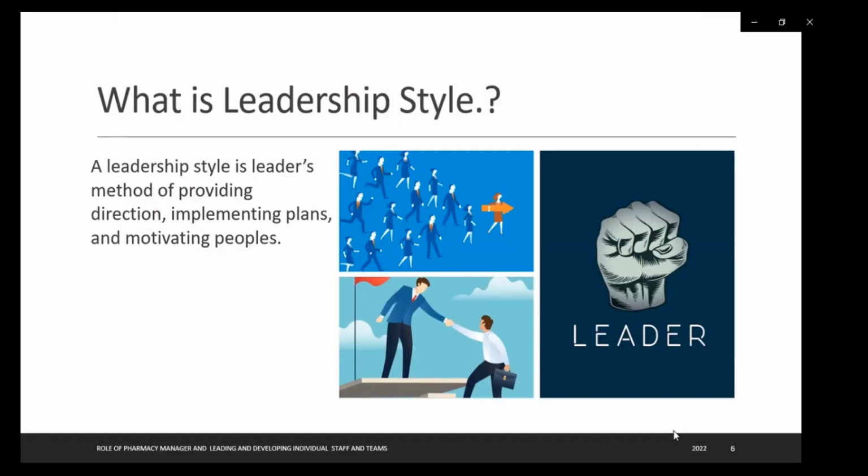What is a leadership style? A leadership style is a leader's method of providing direction, implementing plans, and motivating people. Leadership style is different from one person to another.